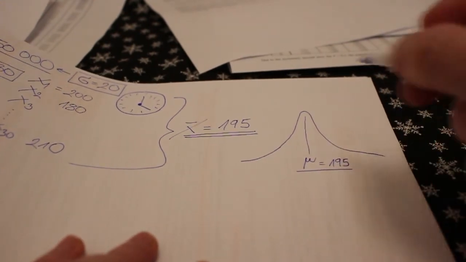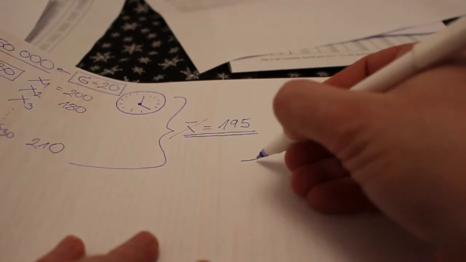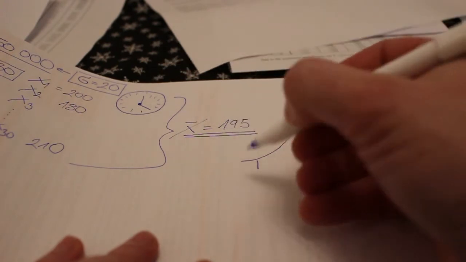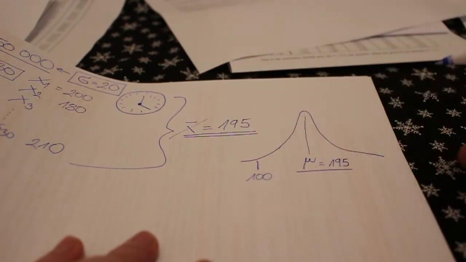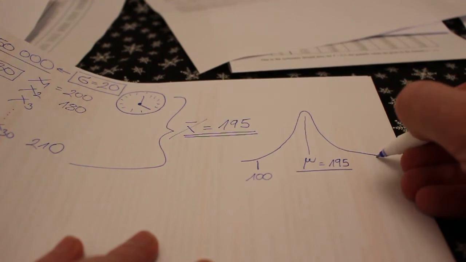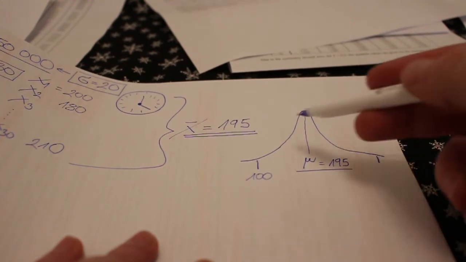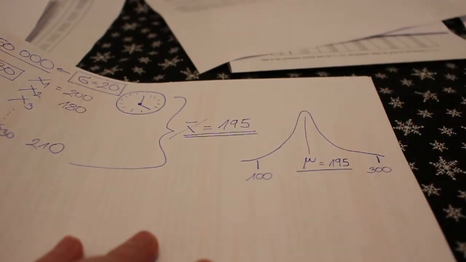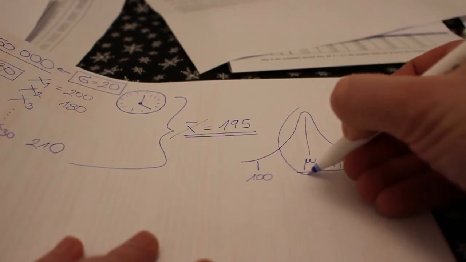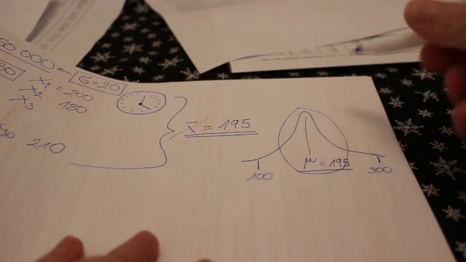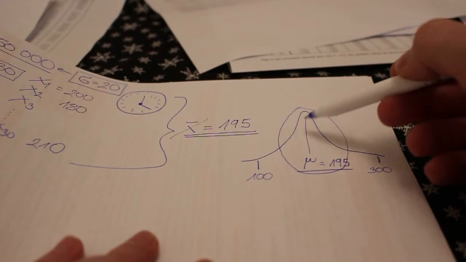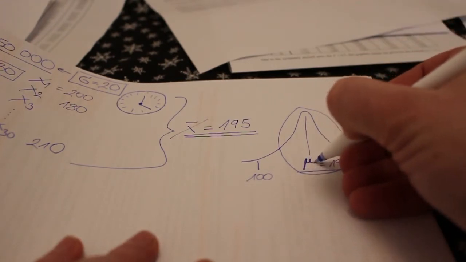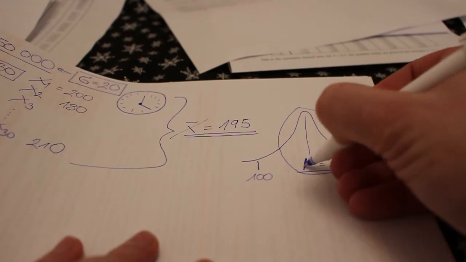Yes, we can find a battery which will be able to work in these wall watches, for example, 100 days only, and we can find a battery which will be able to work in these wall watches, for example, 300 days. But most of batteries will be concentrated around the mean, around this mu, this expected value, this average.